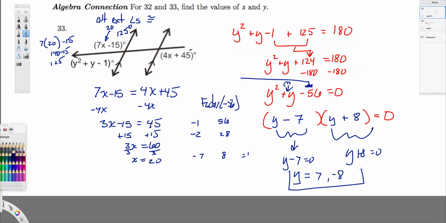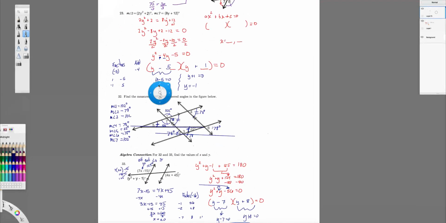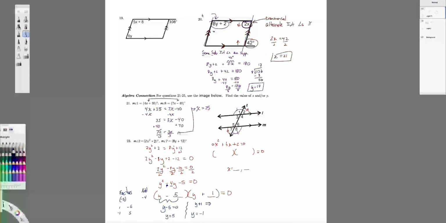And if I want to put these in here, 7 squared plus 7 minus 1, it should give me 56. If I put negative 8 in here, it's going to work too, because negative 8 squared is 64. Minus 8 minus 1 is also going to give me 56. Okay, that's it. So some selected solutions there. Very good.